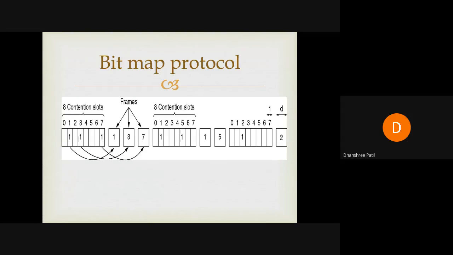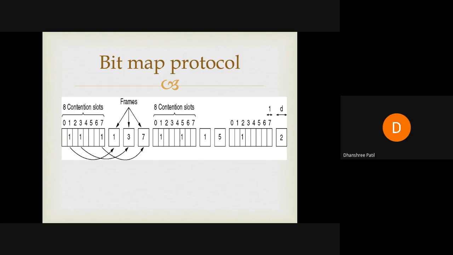Now, suppose every station in this contention period has completed. Suppose 1, 3, and 7, only 3 stations, want to send a frame. Once all these stations complete their transmission, at the end they begin transmitting in numerical order.